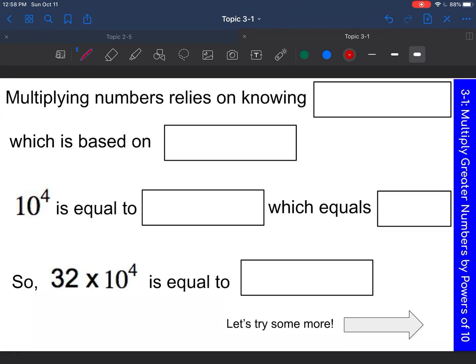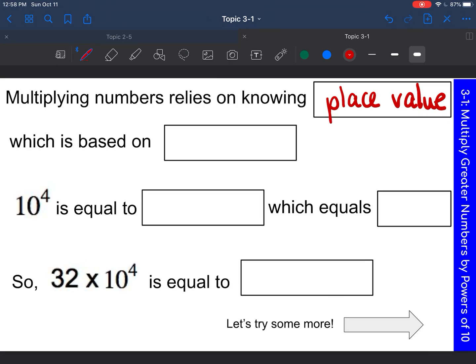This lesson in topic 3 is all about multiplying greater numbers by powers of 10. It should be a little review from the very beginning of the year when we talked about powers of 10, like 10 to the power of 1, 10 to the power of 2, and so on. This topic is all about multiplying whole numbers. In order to understand multiplying whole numbers, you need to know that multiplying numbers relies on knowing place value.